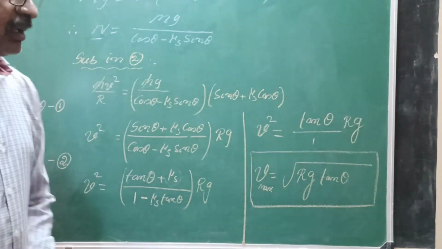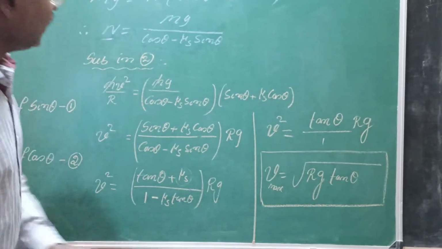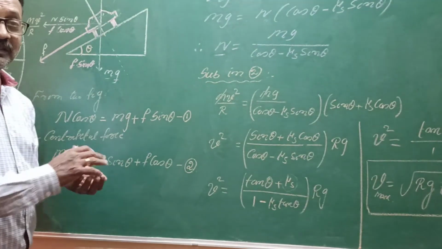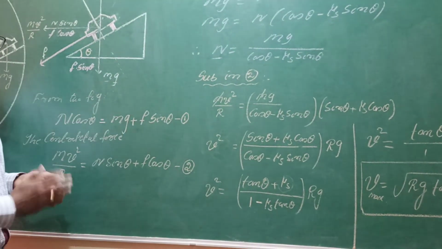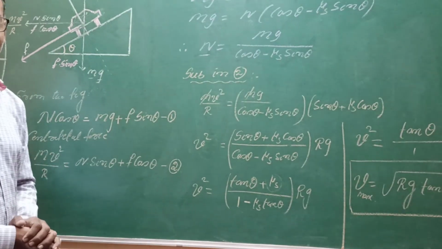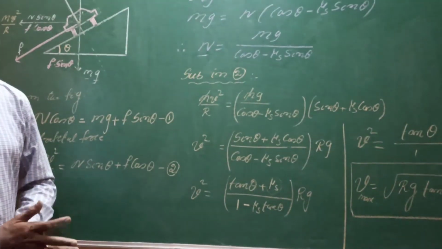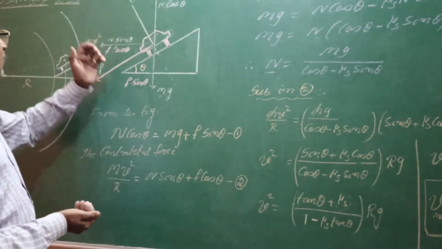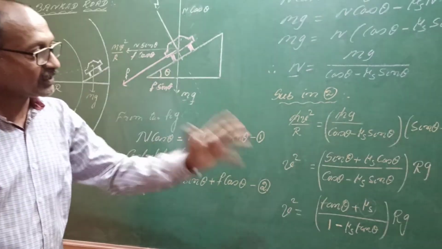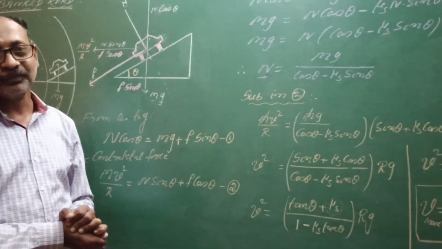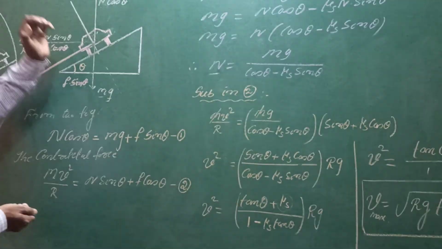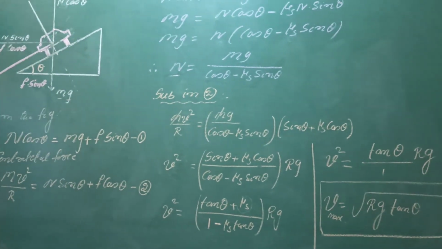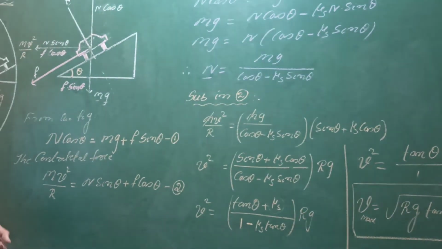It means that the velocity possessed by the body under circular motion is v equals root of r g tan theta. This is an expression for the speed when a car or a body is moving in a circular path on a banked road.